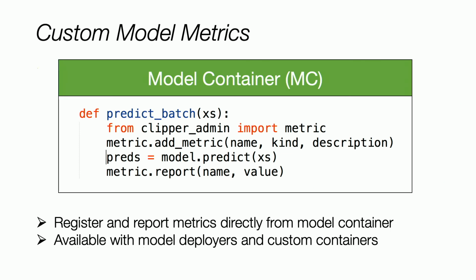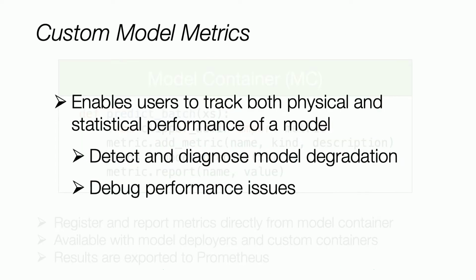These metrics are available with the model deployers as well as custom containers, and the results are exported to Prometheus along with other Clipper internal performance metrics. These model metrics enable users to track both the physical and statistical performance of a model, and help you detect and diagnose model degradation, for example, deciding when to retrain the model if it is not behaving as expected. It will also help you debug physical and statistical performance issues.